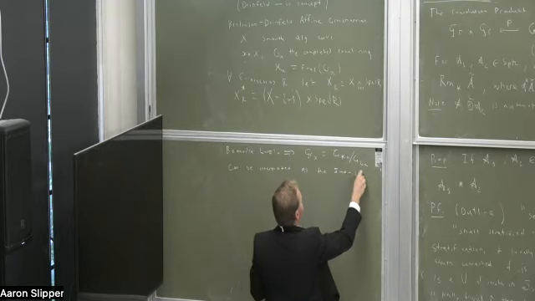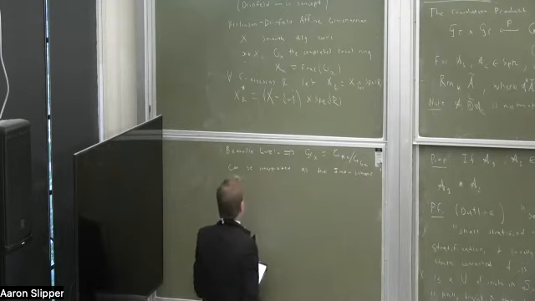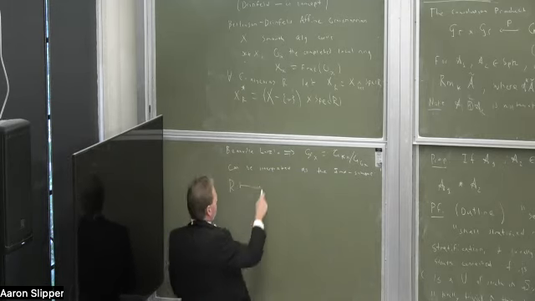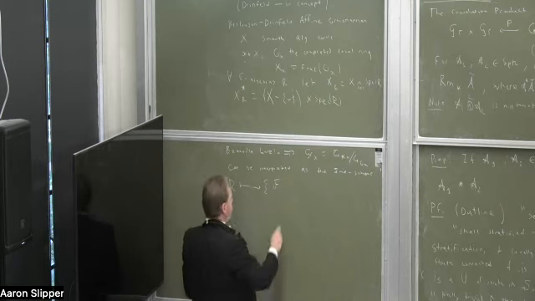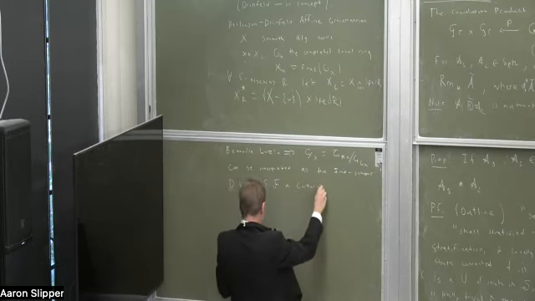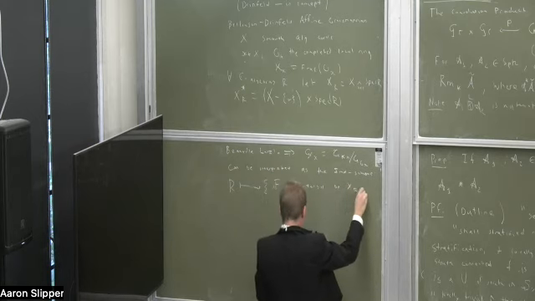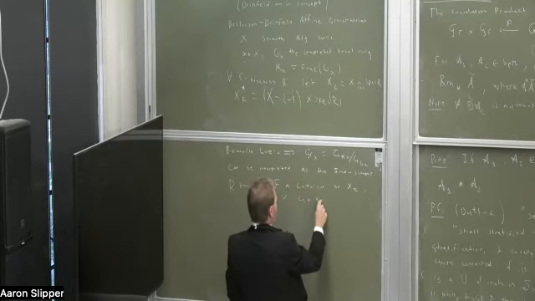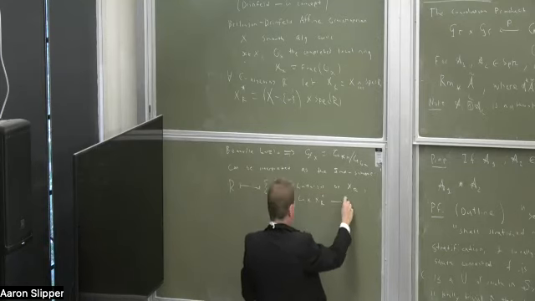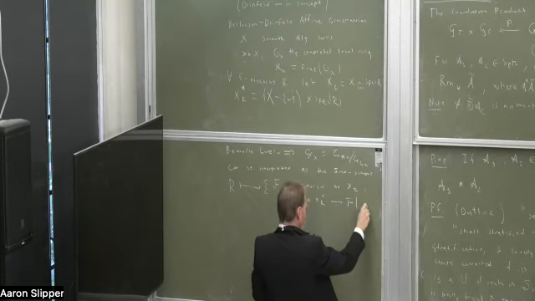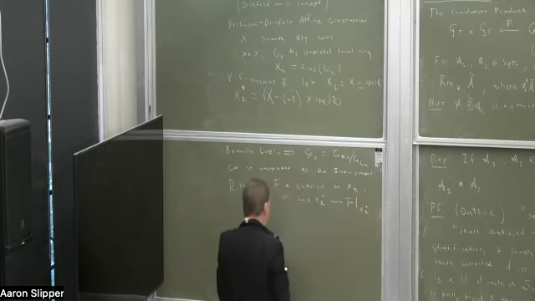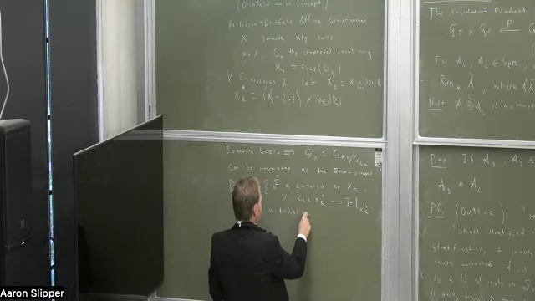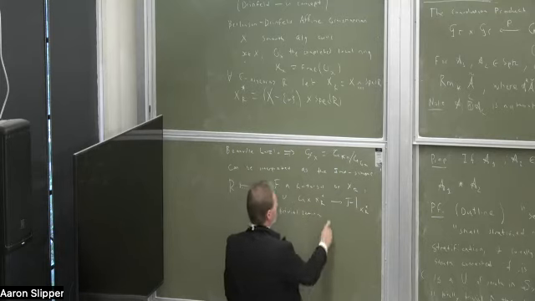ind-scheme. And again, the ind-scheme is defined as a functor. So you take your C-algebra R, and it will spit out F, a G-torsor on X_R, and nu, a trivialization of F restricted to X_R punctured.